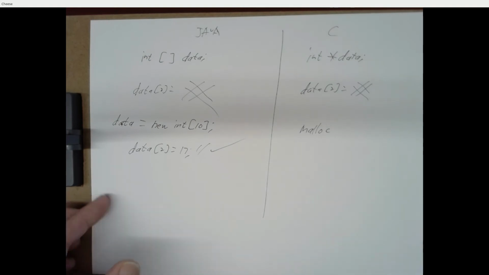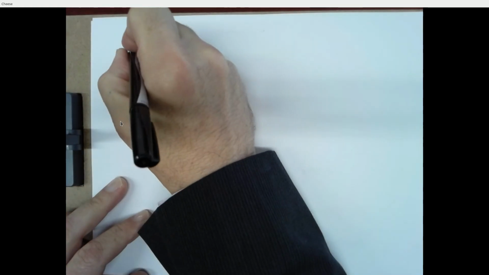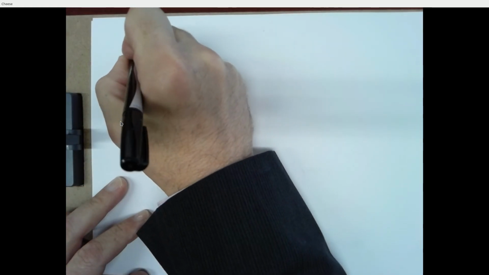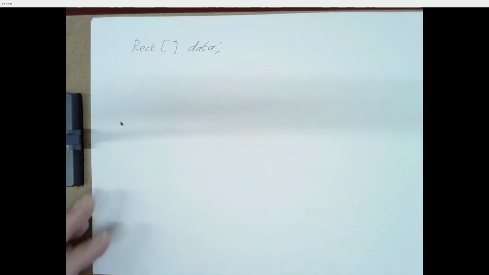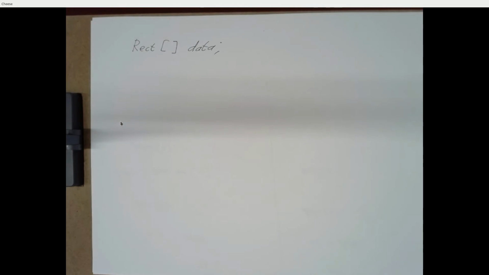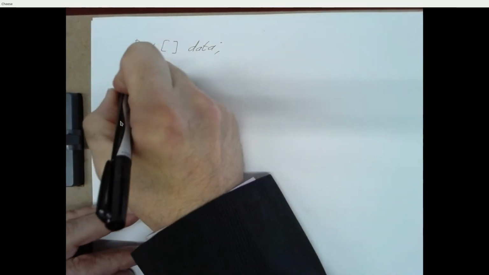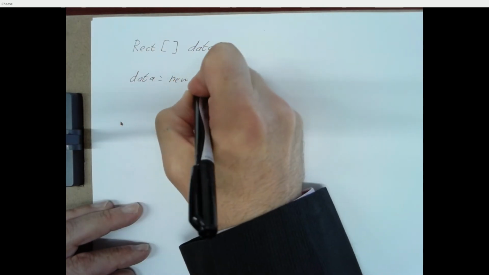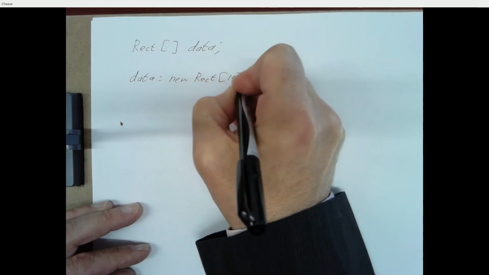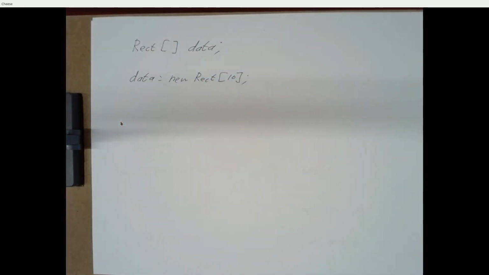It gets a little different with arrays of objects, though. So here's an array of rectangles called data. Here we've actually caused data to point to 10 rectangles.